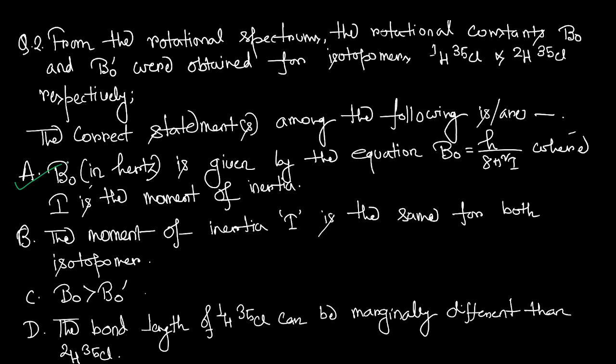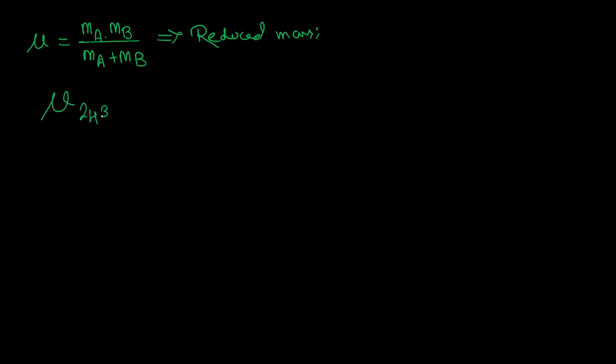Now, the moment of inertia I is the same for both the isomers? No, because if we know the reduced mass, that is nothing but ma into mb by ma plus mb, the reduced mass for 2H35Cl should be greater than 1H35Cl, and moment of inertia is mu into r square.